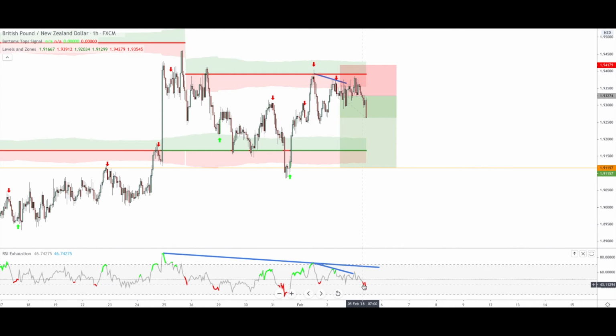The RSI is moving accordingly to the price. The fact that it's exhausted, bearish exhausted, is not a warning sign in this case, because the RSI could continue to fall all the way to an oversold situation, or maybe stay within the usual range, like maybe 30 to 50 here, but continue to stay for a prolonged period of time either in this area or oversold and exhausted as well.